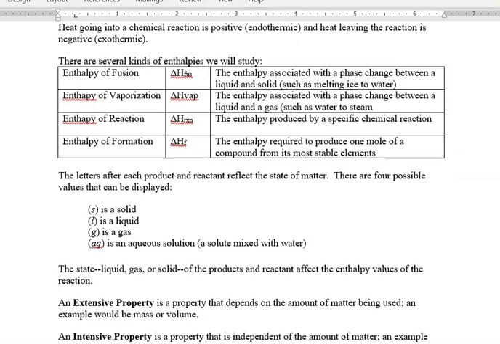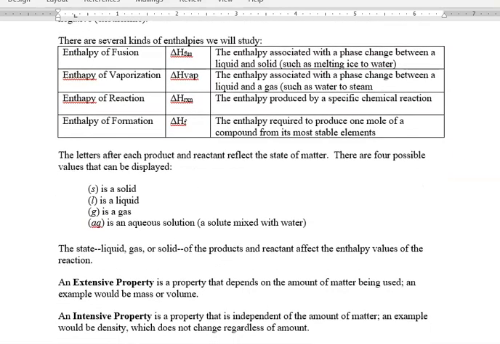There are several kinds of enthalpies we're going to talk about. Sometimes they can get kind of confused, so let's just define a few of them right here. Enthalpy of fusion is the enthalpy associated with a phase change between liquid and solid. So ice melting is going to take in a certain amount of energy to make an ice cube totally melt into water. That's called the enthalpy of fusion.